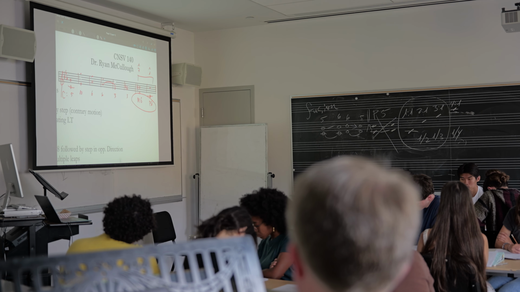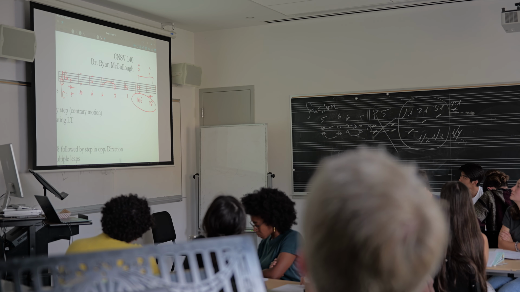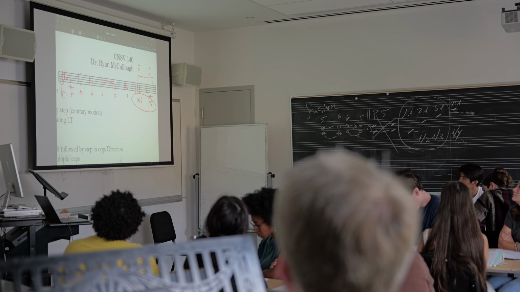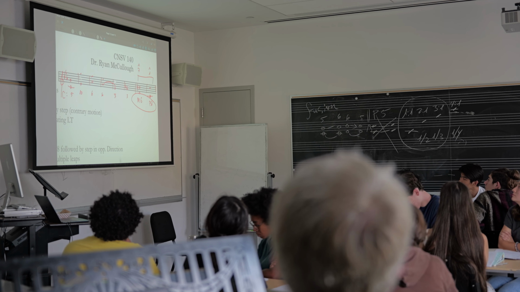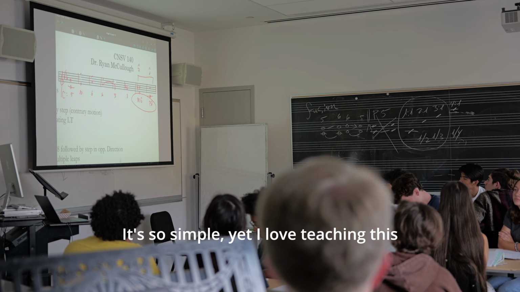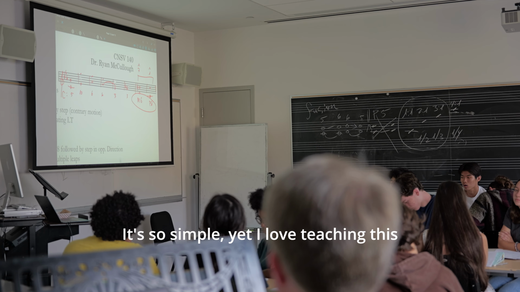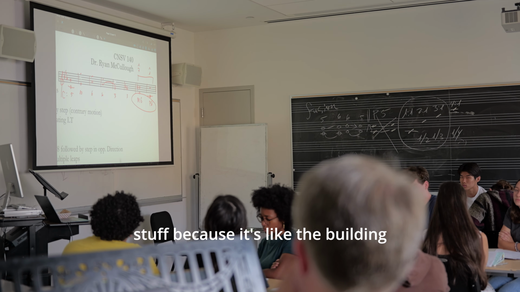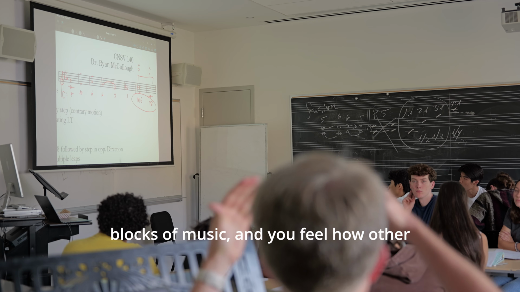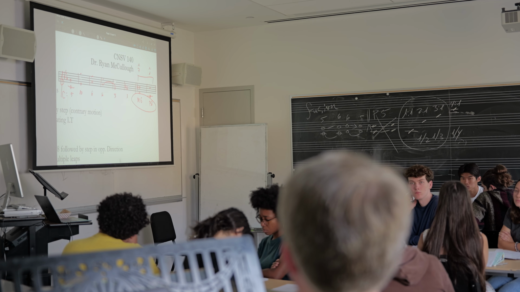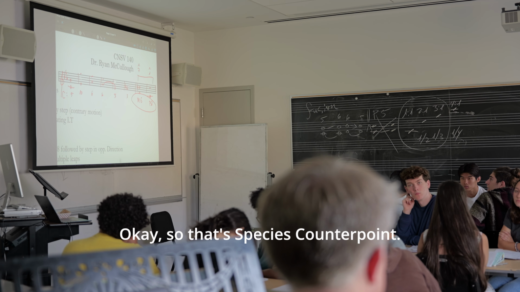So I'll just play this. It's so simple, yet I love teaching this stuff because it's like the building blocks of music, and you feel how other music could build on top of this.